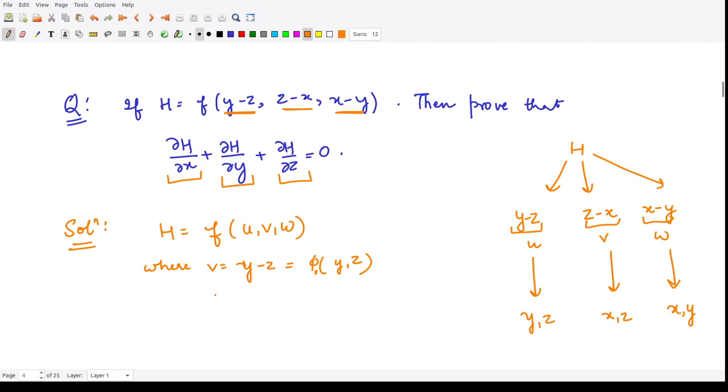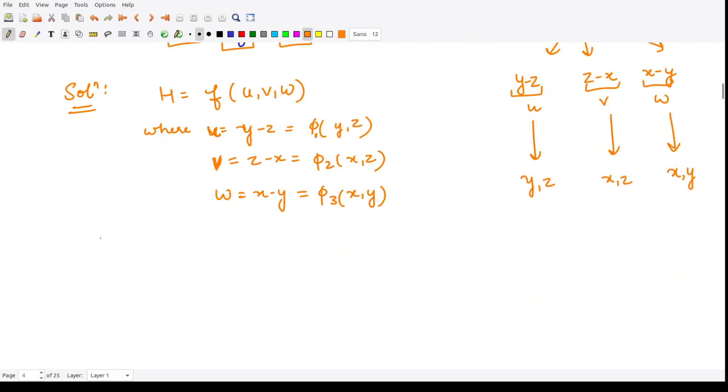Then v is equal to z minus x, some other function of x and z, and w is equal to x minus y, a third function of x and y. This is just the notation to represent this, because you cannot directly calculate del h by del x in this case. So for that we will use this diagram.